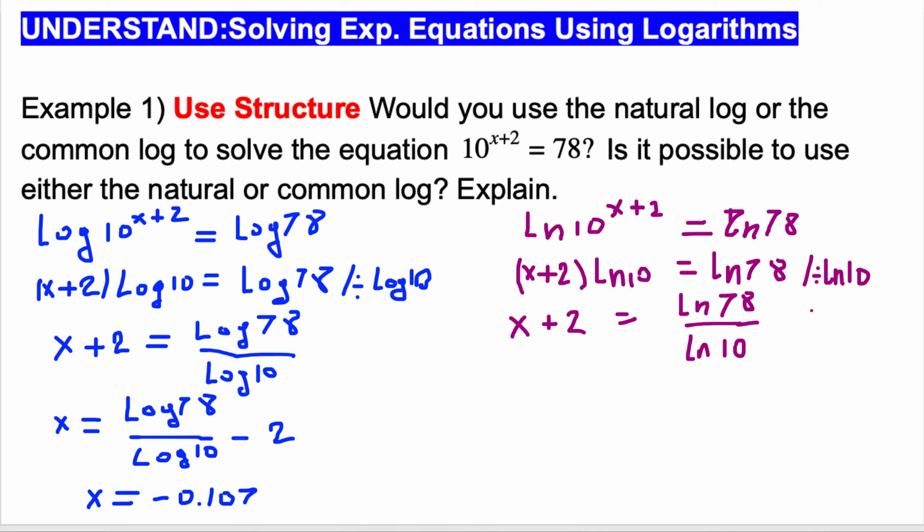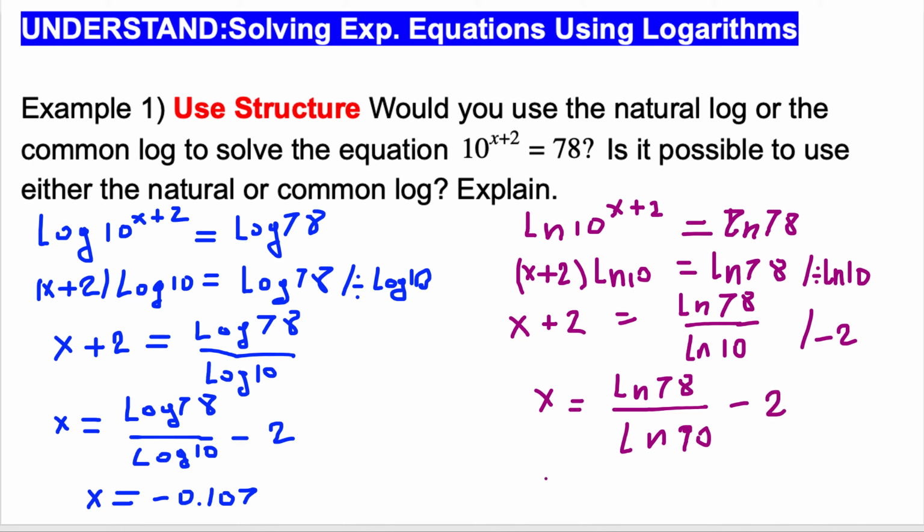And here again I'm going to subtract 2, and x is going to be equal to ln of 78 divided by ln 10, minus 2.